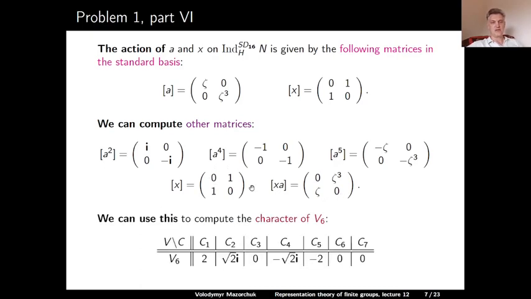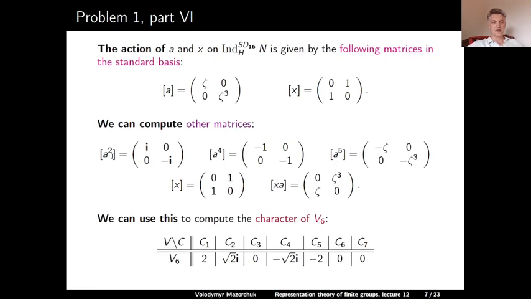And now we can use these representatives to write down the character table of our module V6. So it has dimension 2, so the identity acts as the identity matrix, its trace is 2. So C2 contains A, so its trace is zeta plus zeta to the power 3, but zeta is (1 plus i) divided by root of 2, and zeta to the power 3 then will be (minus 1 plus i) divided by the root of 2, so their sum will be root of 2 times i.